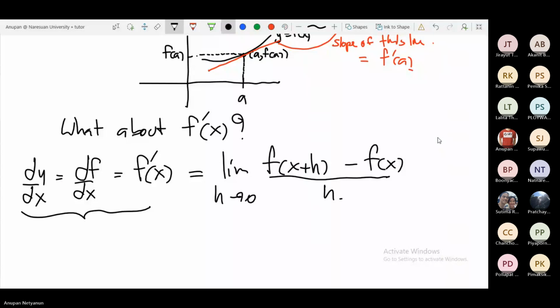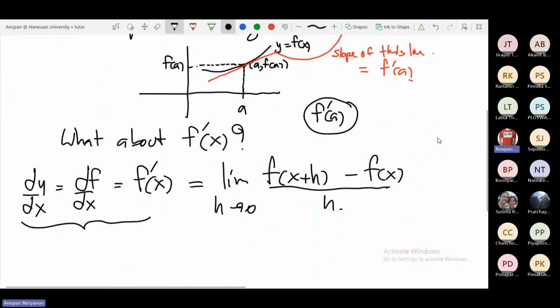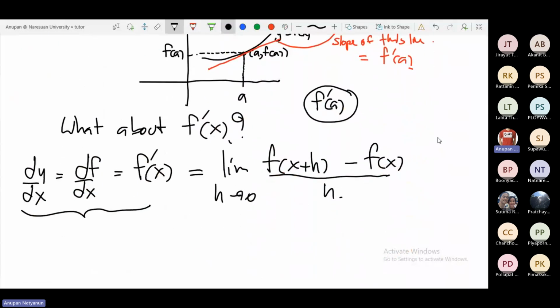Now, again, as we did with f prime of a, when you want to calculate this, you use these two definitions. In the same way, if you want to calculate this, you use this definition.